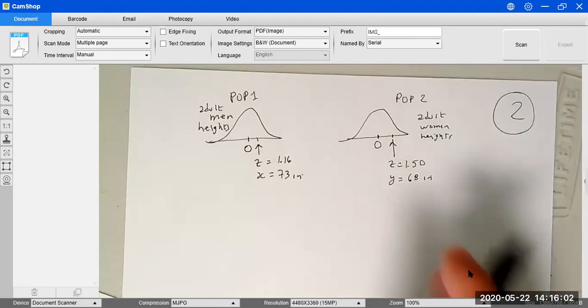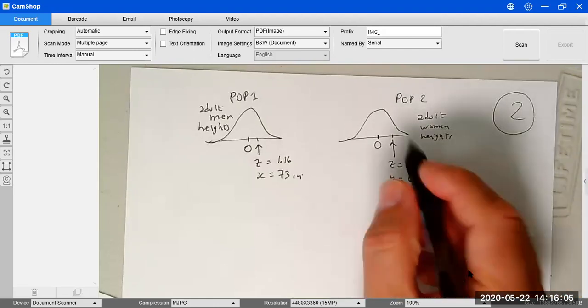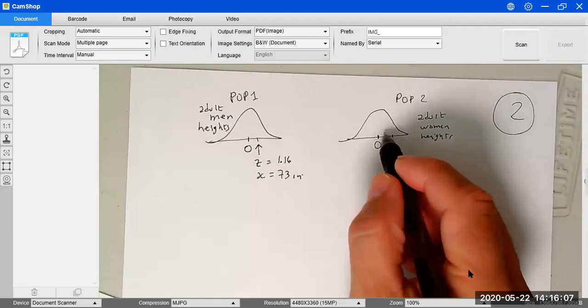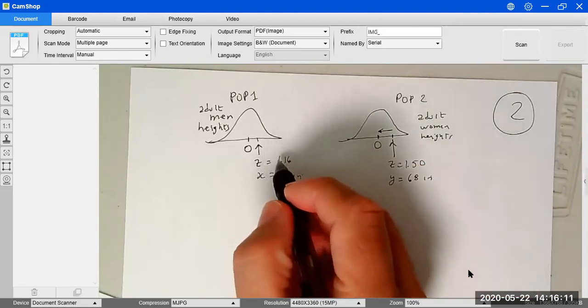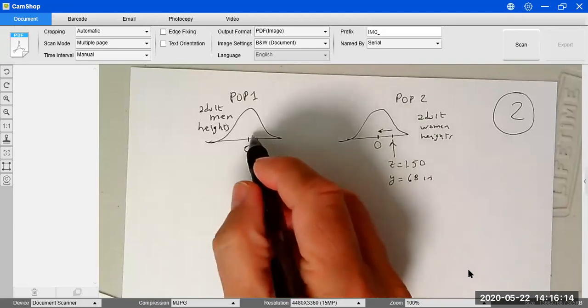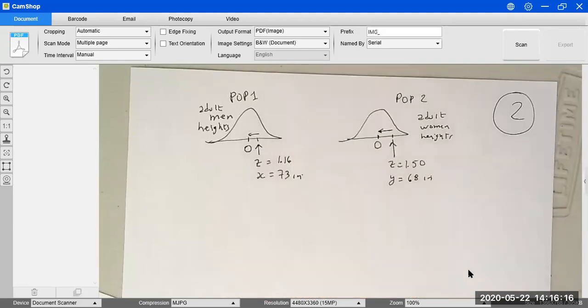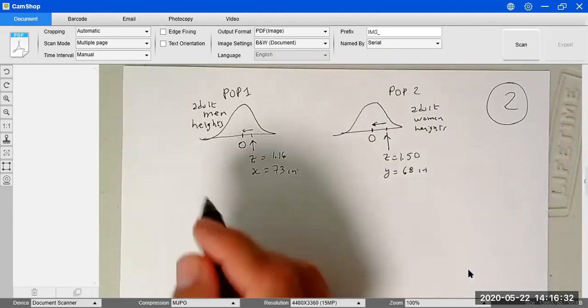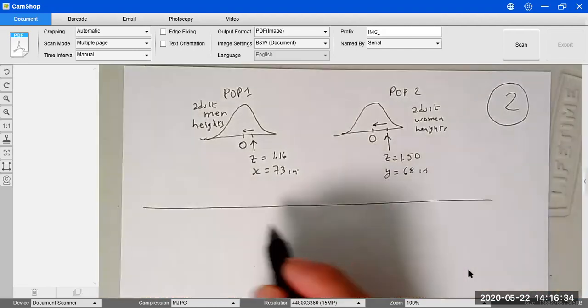So now we can see that this woman's height is farther from the mean than the height of this man. So we can say that the woman with height 68 inches is taller than the man with height 73 inches with respect to their corresponding populations. That's the purpose of finding these scores.